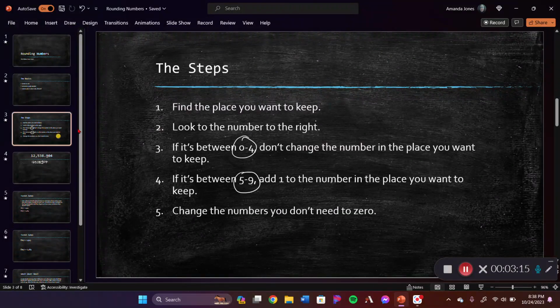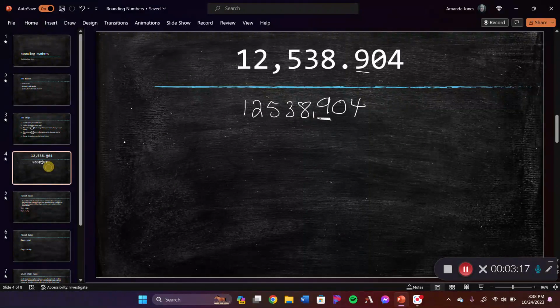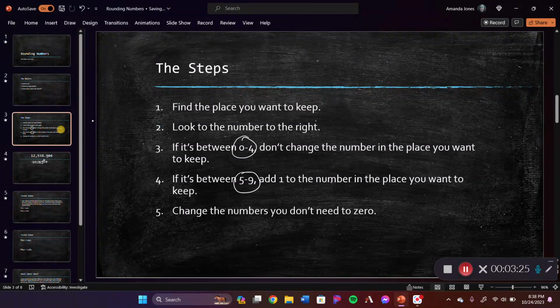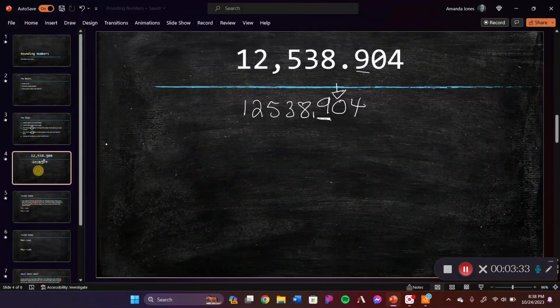Now we look to the number that's to the right, and that is our 0. Okay, so we want to keep the 9, and we see what the 0 tells us. Is 0 between 0 to 4 or 5 to 9? That one's pretty easy because 0 is right in the range. We don't change the number. Okay, so it's going to be that, which we don't need those zeros.